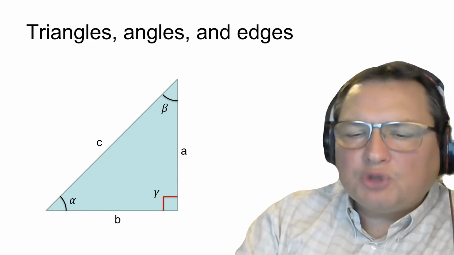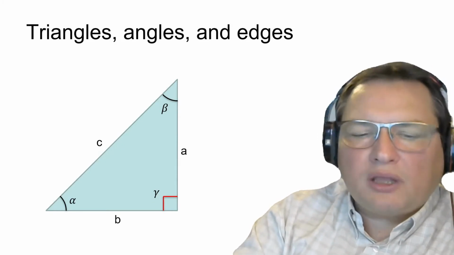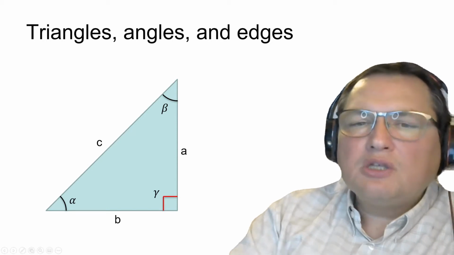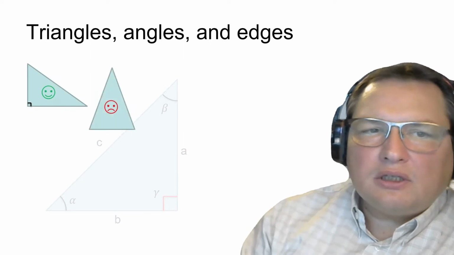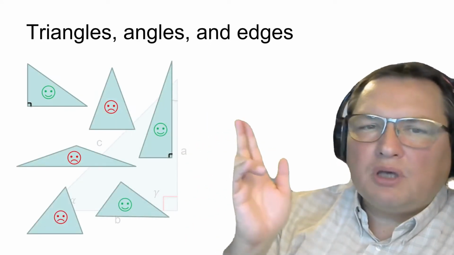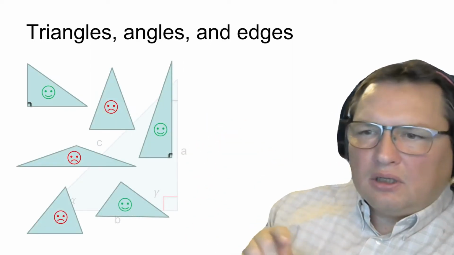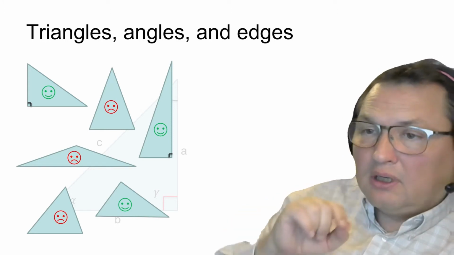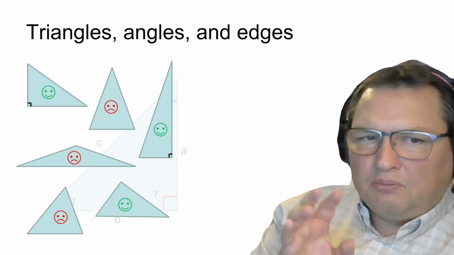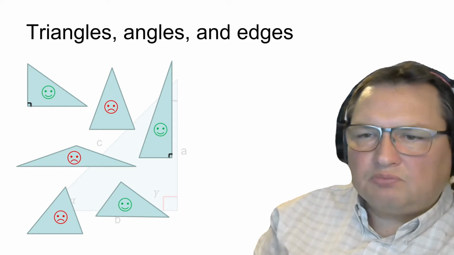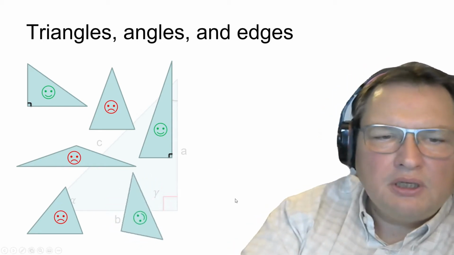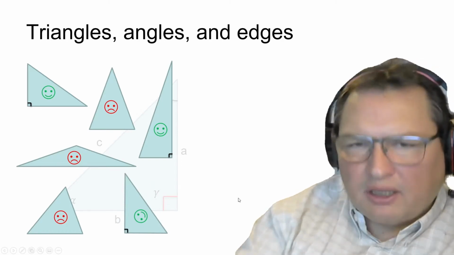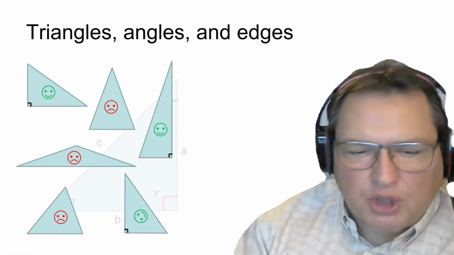Because a big chunk of trigonometry will only work with right triangles, so triangles that have a right angle, like those two in the upper row, and this one here, which maybe doesn't look like a right triangle, but if I only rotate it properly, you can see it has the right angle, it's a right triangle.